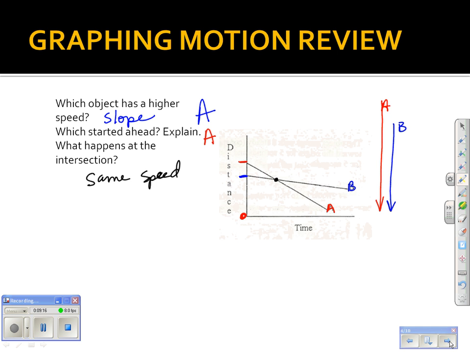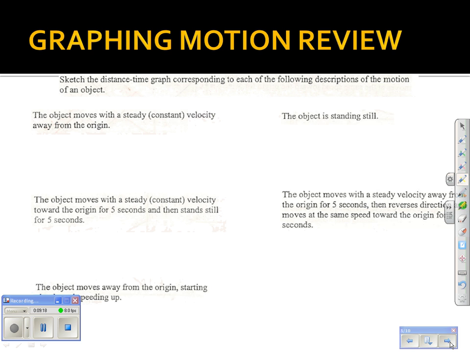Okay. Let's talk about drawing some of these distance versus time graphs. I want you to sketch a distance versus time graph that corresponds to the description of motion that I have here. An object moves with a constant velocity away from the origin. Well, we're going to draw a distance and time graph. This is in seconds and this is in meters.